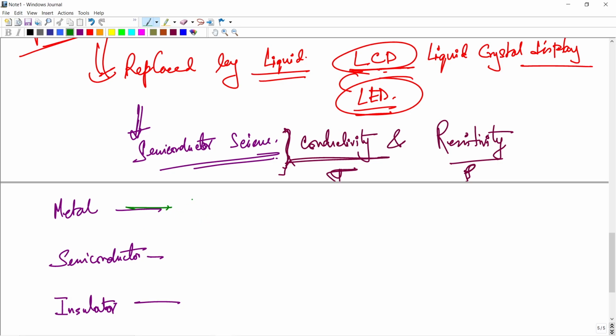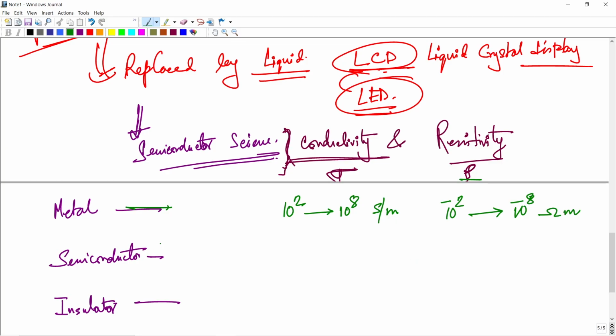The conductivity of metal ranges from around 10 to the power 2 up to 10 to the power 8, and the SI unit is Siemens per meter. The resistivity, rho, is very low, from 10 to the power minus 2 to 10 to the power minus 8 ohm meter.